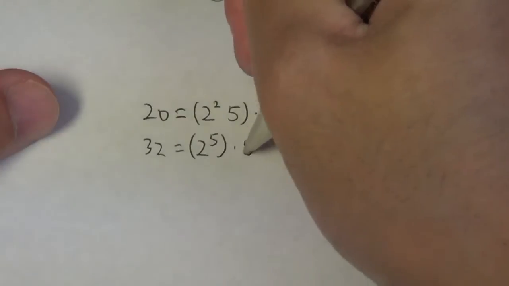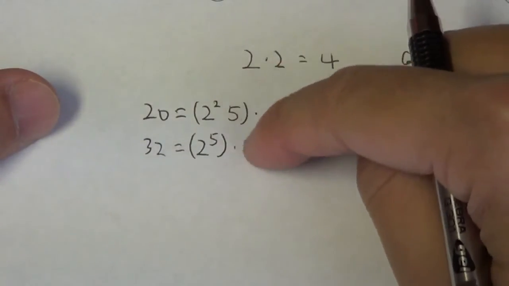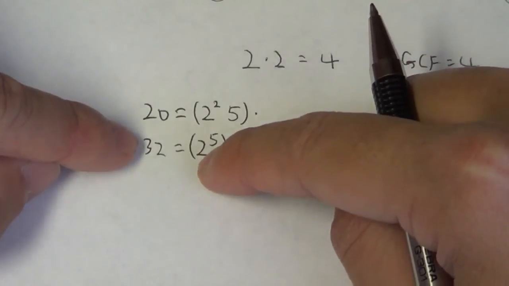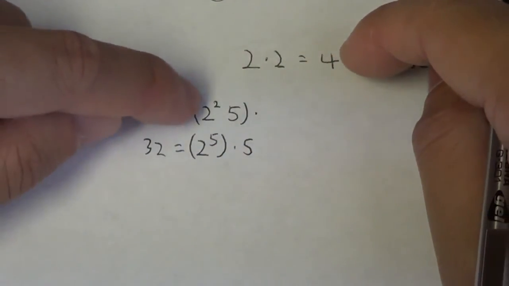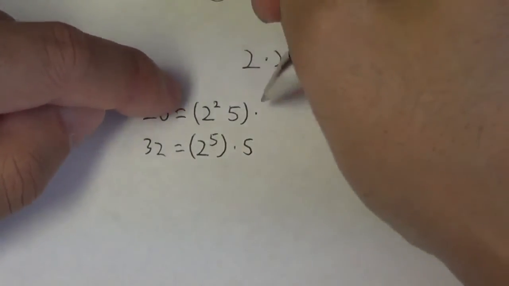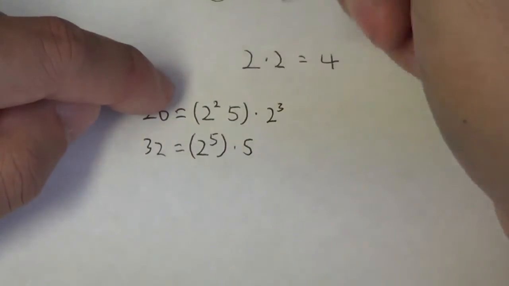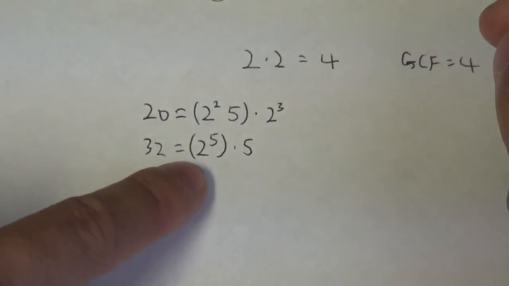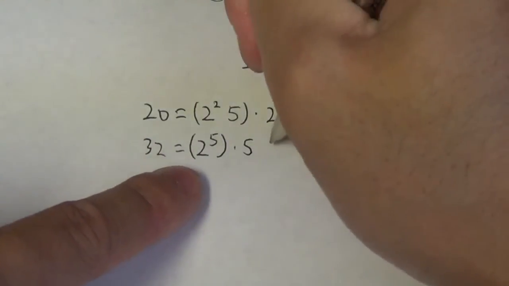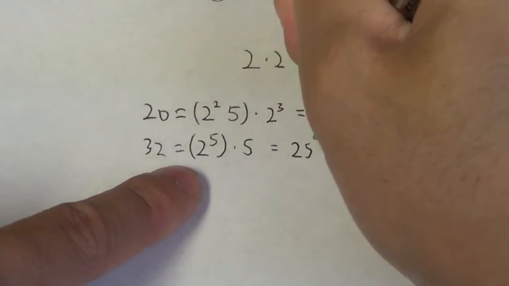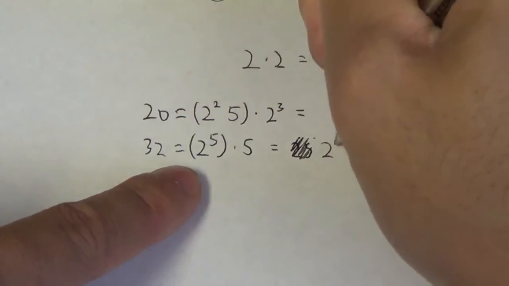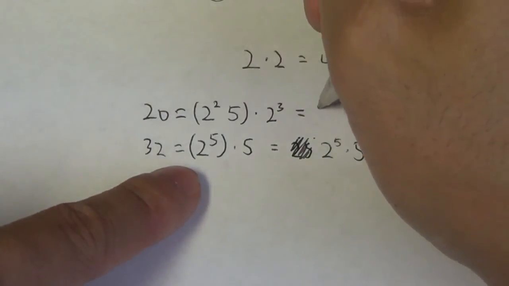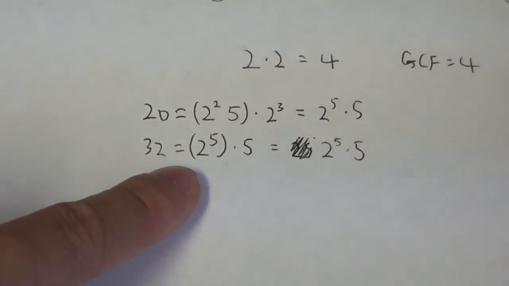So if I multiply by 5, now they each have a times 5. Now 32 has a 2 to the power of 5, while 20 only has a 2 to the power of 2, which means it needs to be multiplied by 2 to the power of 3 to match up with 32's 2 to the power of 5. If you rewrite all that, you have 2 to the power of 5 times 5 on both sides.